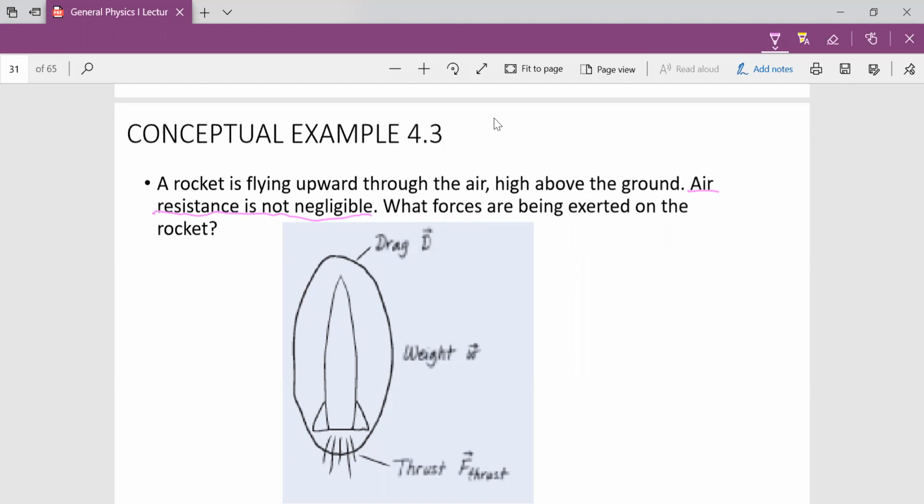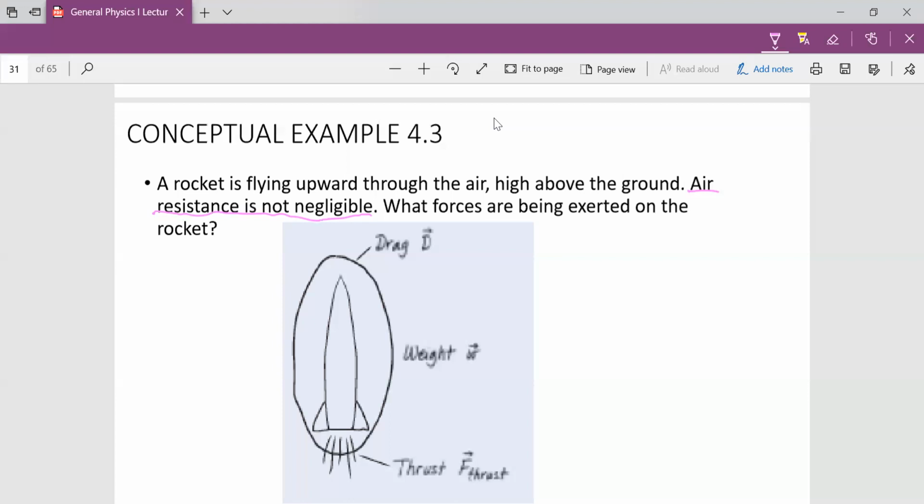In this case, we see that the object is in air. When an object is in air, mostly we have the long range force of weight acting on it. Even when an object is on a contact surface, like we see in the normal forces, we also have the long range force of weight acting on that object. So we used our method: identify the object of interest, which is the rocket, make a picture of it.